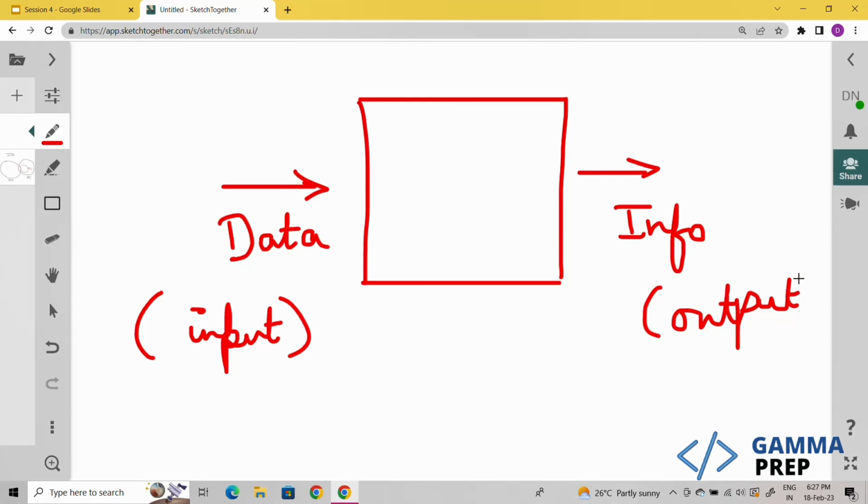Since it's the output, it carries logical meaning, whereas data does not carry logical meaning. Information depends on the data, whereas the data does not depend on the information, because input won't depend on the output, right? Output is going to depend on the input.